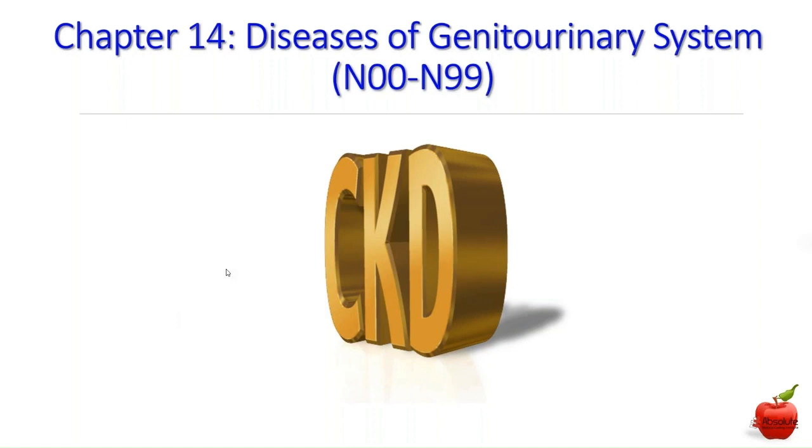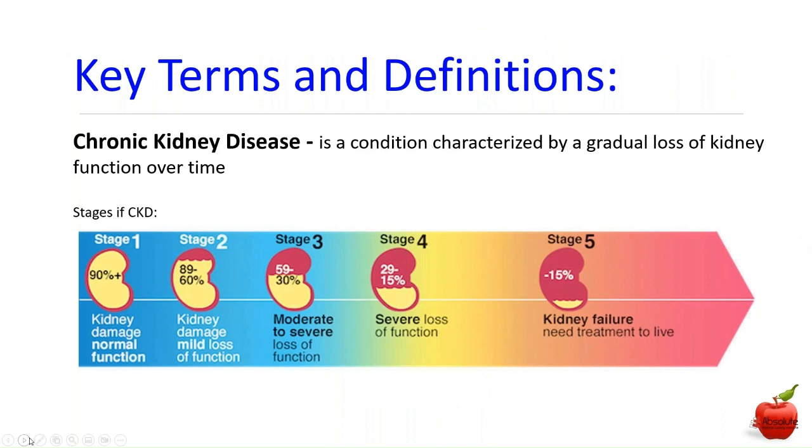So we're moving along to diseases of the genitourinary system, and that is going to be between N00 through N99. For some key terms and definitions, we've been visiting chronic kidney disease because oftentimes it's integral to other disease processes, which really reminds you that your body is made up of various systems. If something goes wrong with one, oftentimes it can have an effect on the other systems around it.